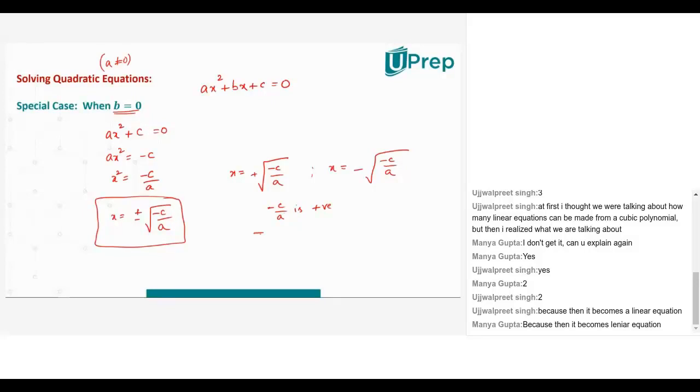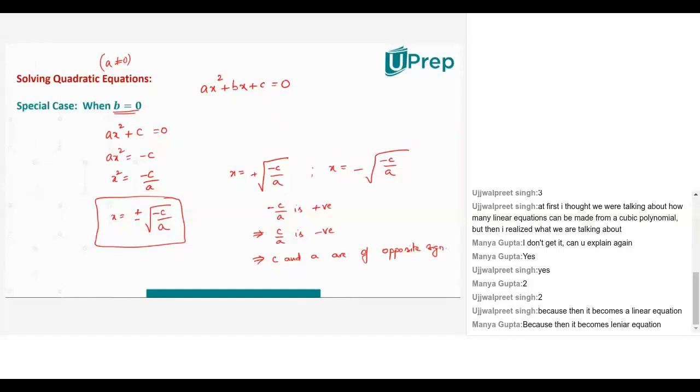When will minus of c by a be positive? Provided c by a itself is negative. Are you getting what I am talking? When will c by a be negative? Provided c and a are of opposite sign.